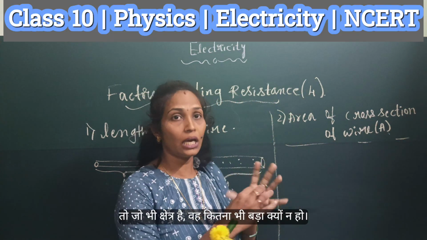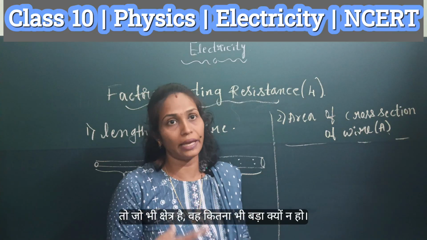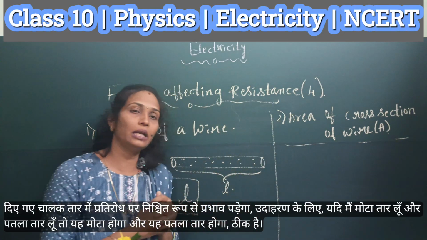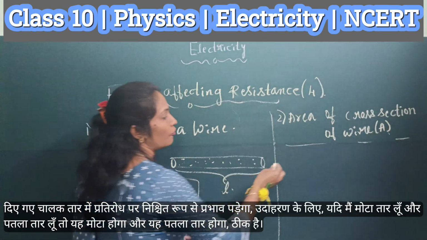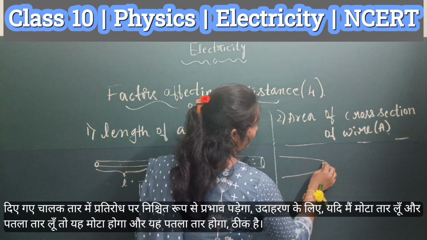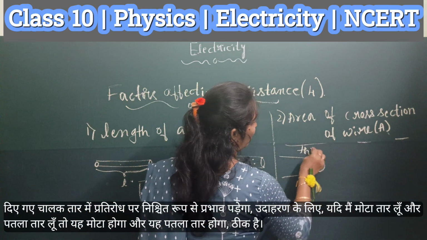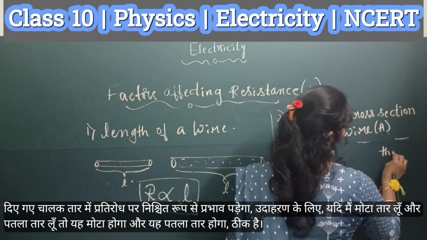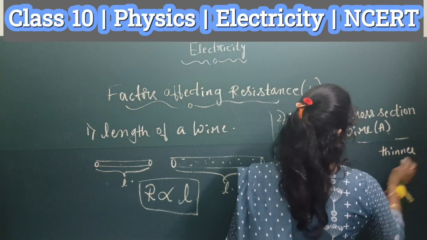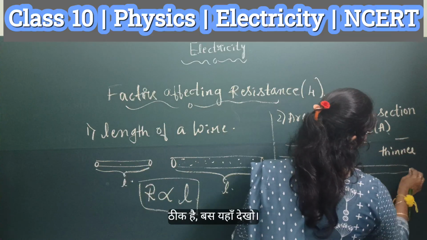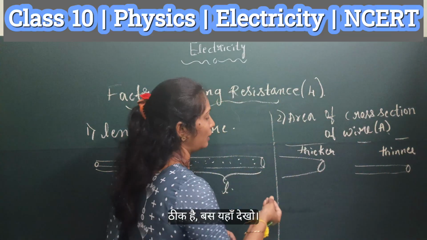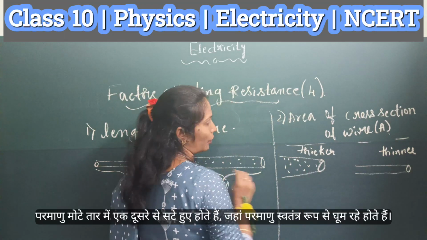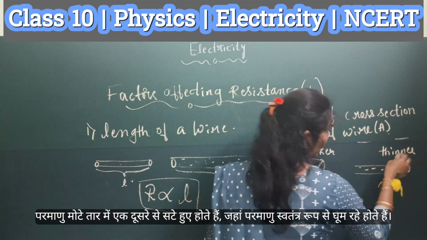Whatever the area is in the given conducting wire, that will definitely affect the resistance, guys. For example, take a thicker wire and a thinner wire; this is thicker and this is very thin. Just look here: the atoms are closely packed in the thicker wire, whereas in the thin wire the atoms are freely moving.